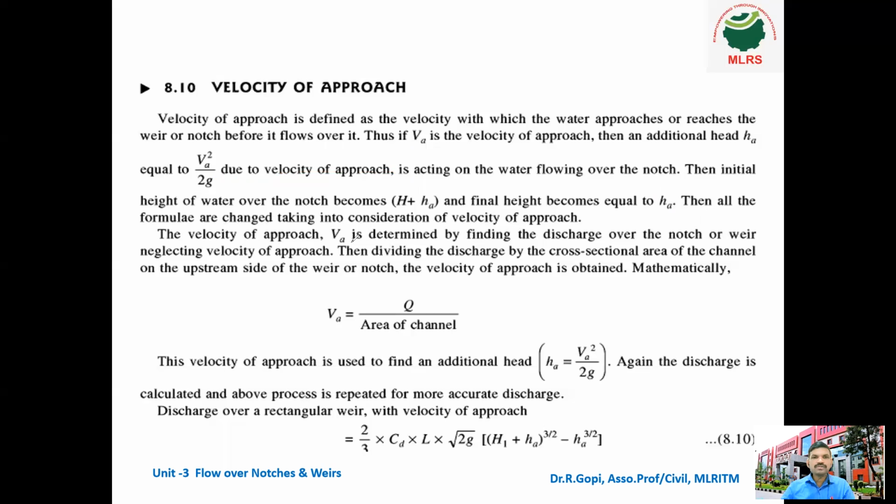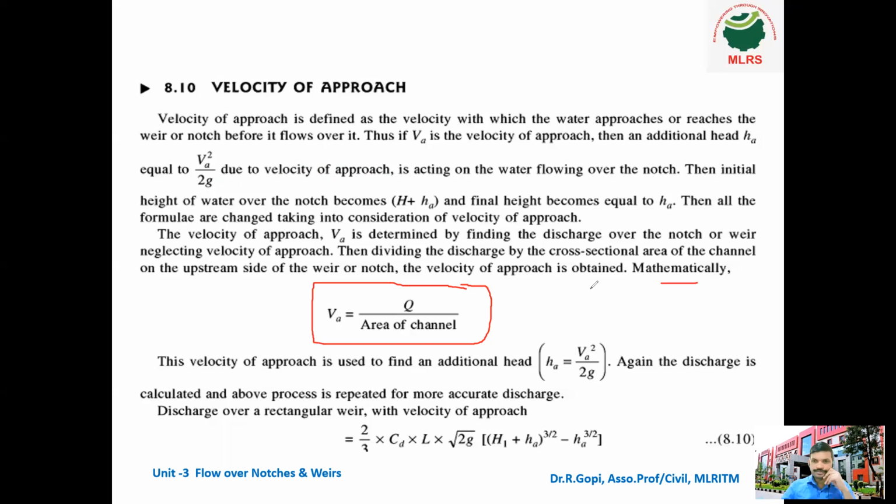The velocity of approach VA is determined by finding the discharge over the notch or weir, neglecting velocity of approach, then dividing the discharge by the cross-sectional area of the channel on the upstream side of the weir or notch. The velocity of approach is obtained mathematically. So how to calculate VA?